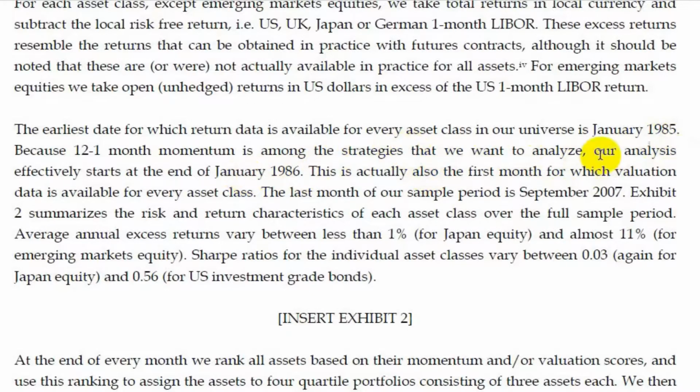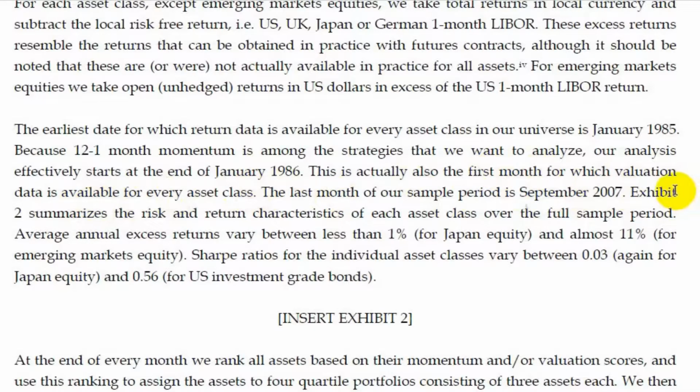And it looks like that works out, because that's the first month that valuation data is available for every asset as well. And the last month of their sample period is September 2007, and that's about the date when their paper was published, so they went through as far as they could.